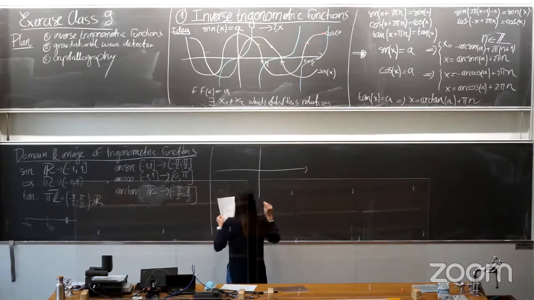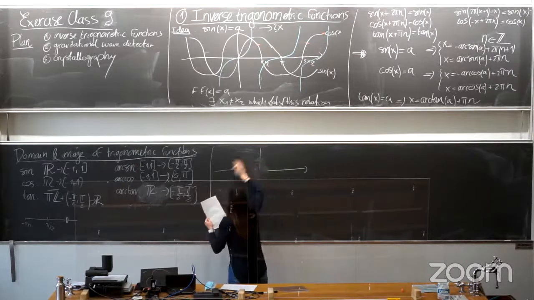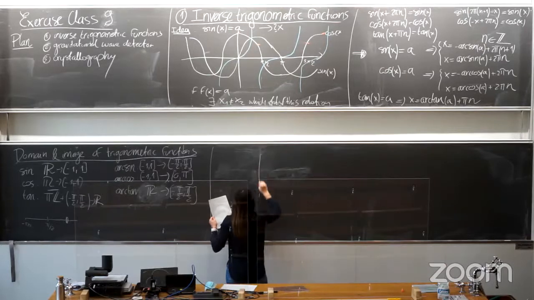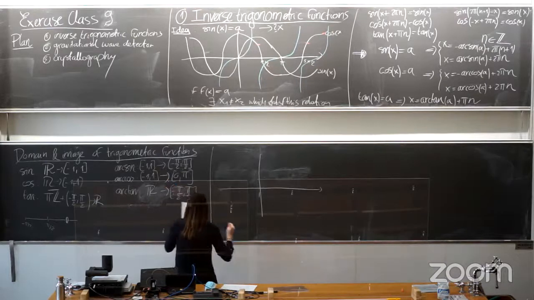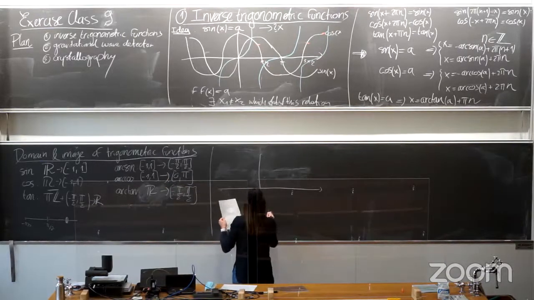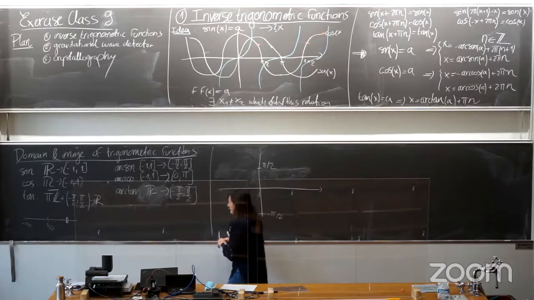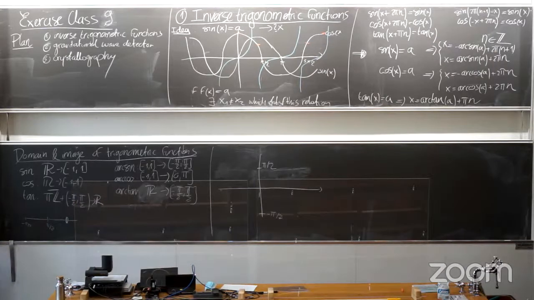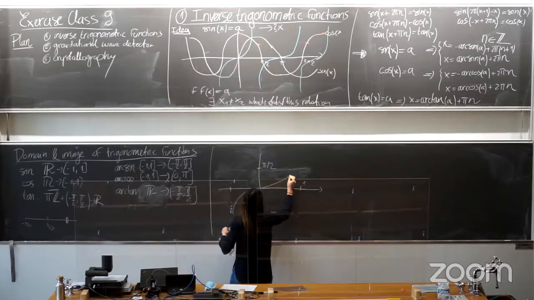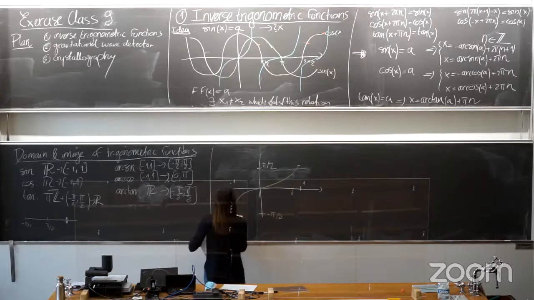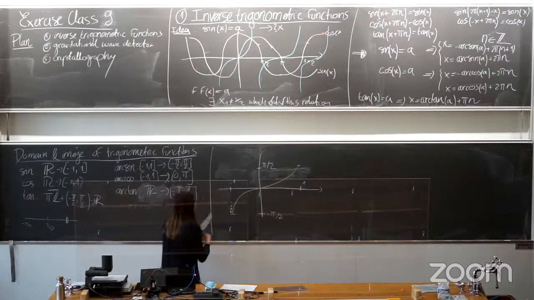So here, let's make it a little bit nicer, like this, yeah. So for arcsine, we have it from -π/2 to π/2. And then let me use some colors. If this is -1 and 1, this is how the function looks. So this is arcsin.